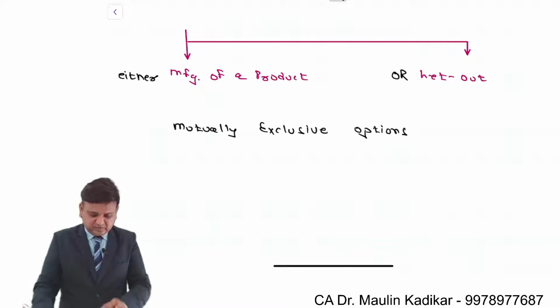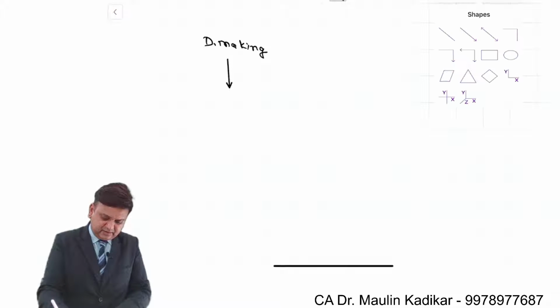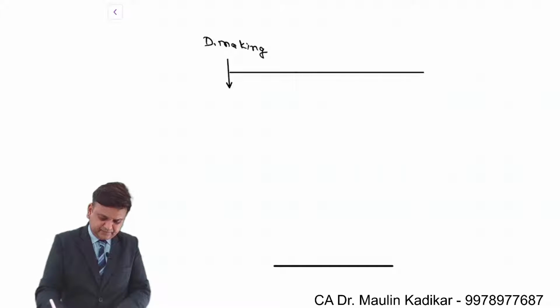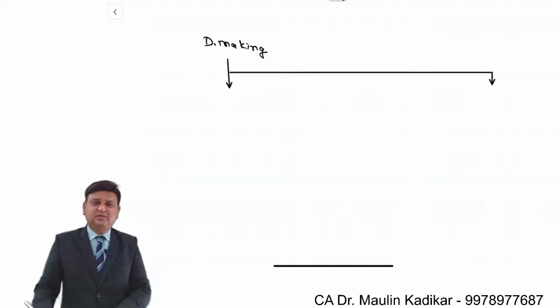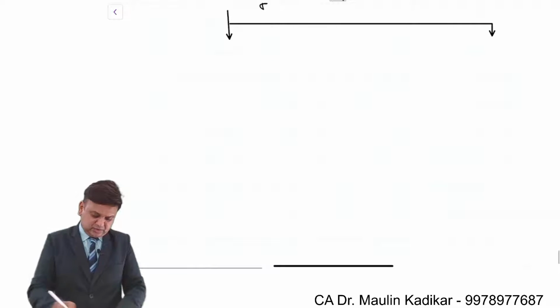So this is what we understand as mutually exclusive options. For the purpose of decision making, for this kind of question, we have two approaches. So in examination you can answer by either of the approaches.